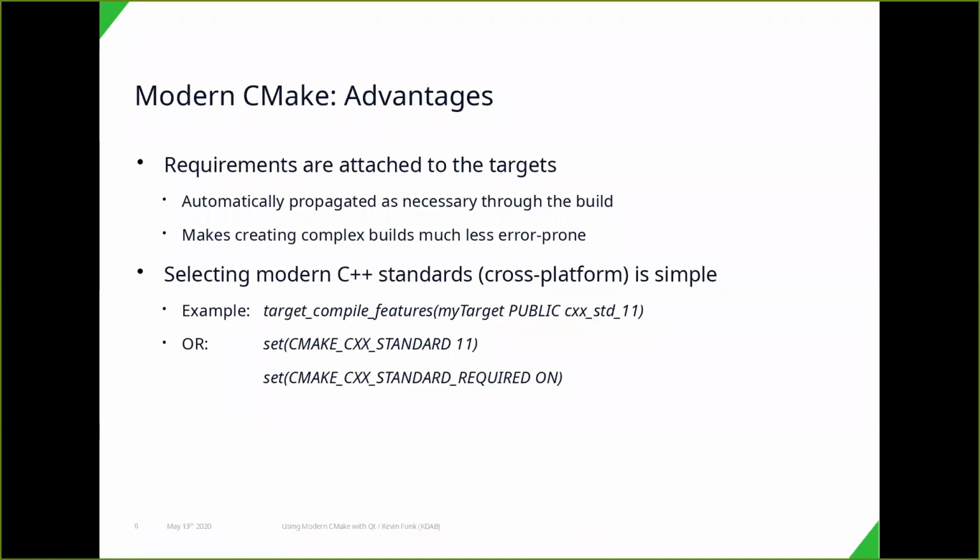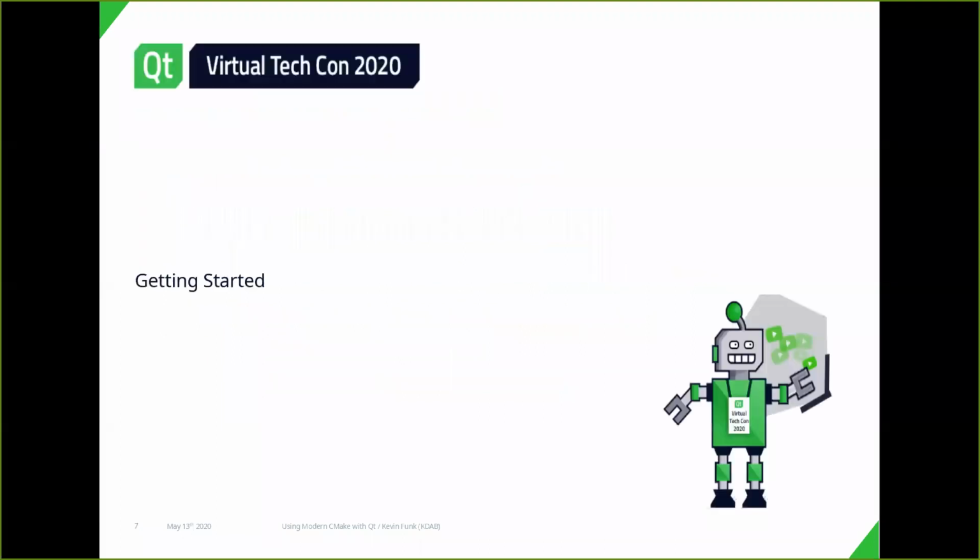Or you can set that globally by setting CMAKE_CXX_STANDARD to 11 and also set it to required later on. That's pretty nice because CMake allows you to ask the compilers in a cross-platform way that C++11 support is needed to compile this project, and you don't need to worry about doing compiler checks and things like that. CMake has that built in, and CMake does it for you.